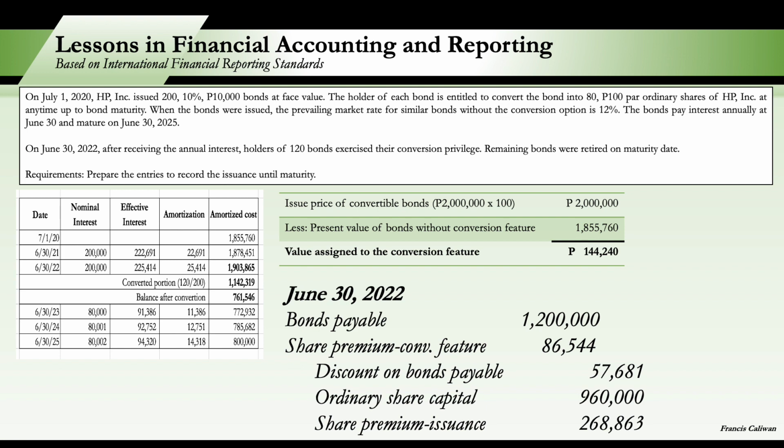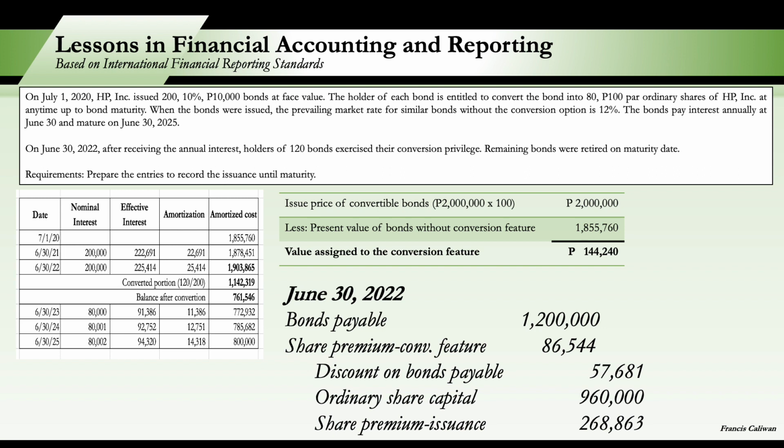And we credit the discount on bonds payable, which is 57,681. How did we arrive at that amount? The face value of 1,200,000 is compared with the carrying value of the converted bonds payable, which is only 1,142,319. So 1,200,000 minus 1,142,319 is 57,681.